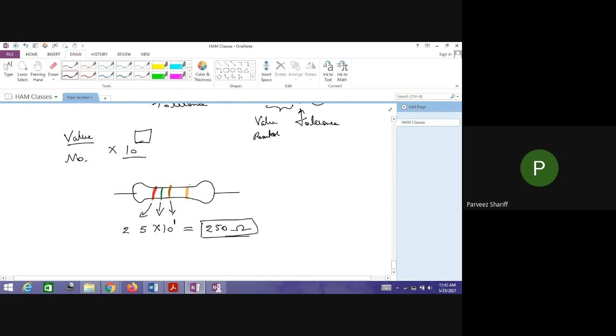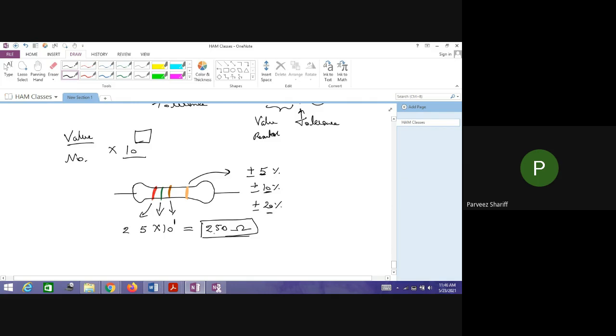The last band represents the tolerance. There are three different types of tolerance: plus or minus 5%, plus or minus 10%, plus or minus 20%. Gold represents a tolerance of 5%, and here it is 10 and 20.